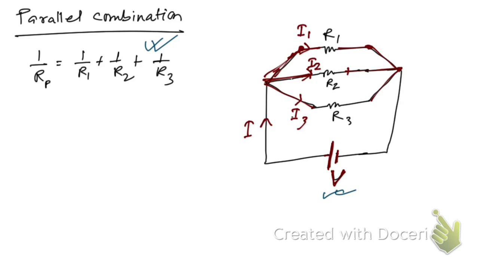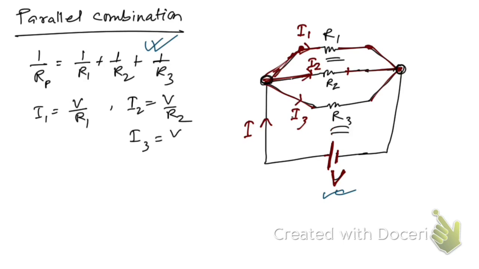Now you see here the current is different but the potential difference is the same. So according to Ohm's law, the current through R1, I1, is equal to V by R1, I2 is equal to V by R2, and the current through the R3 resistor, I3, is equal to V by R3. So the total current I is equal to V by R1 plus V by R2 plus V by R3.